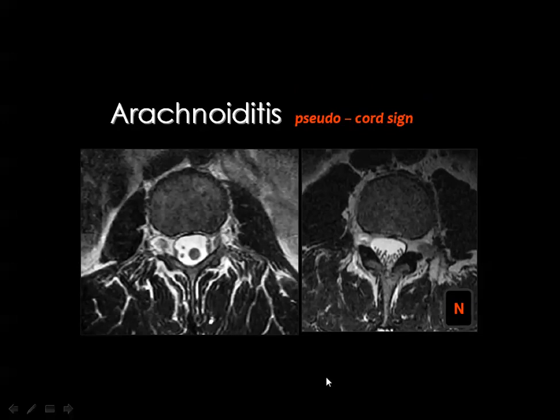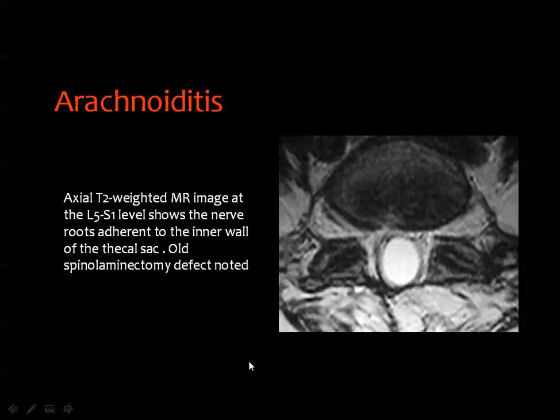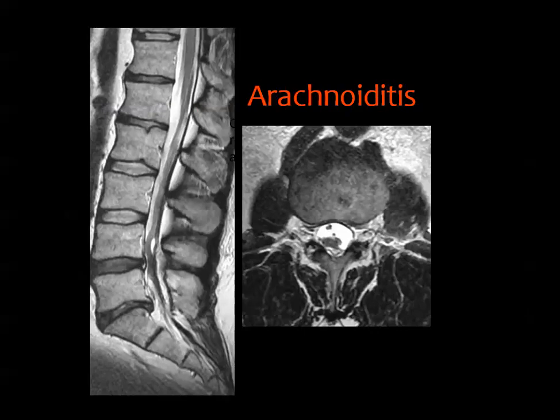Then you may have the pseudocord sign if the nerve roots are adherent together, forming a shadow inside the thecal sac, which may simulate the spinal cord. And the empty thecal sac sign means that the nerve roots are adherent to the inner wall of the thecal sac, leaving the rest of the thecal sac as if it is empty.